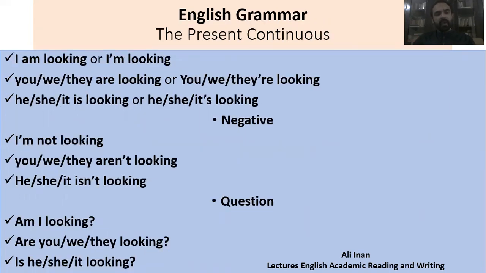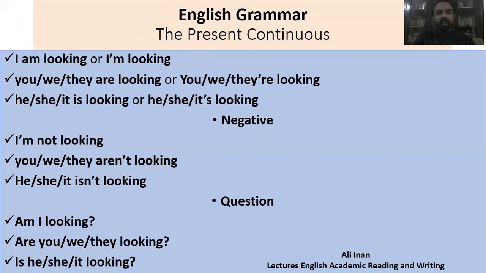We'll take a look at some more sentences, including negative and interrogative sentences. First of all, the present continuous sentence, I am looking, can also be written with an inflection, I'm looking. The inflection implies that for the present tense form of the verb be, that is am, we can write it with an apostrophe and m.